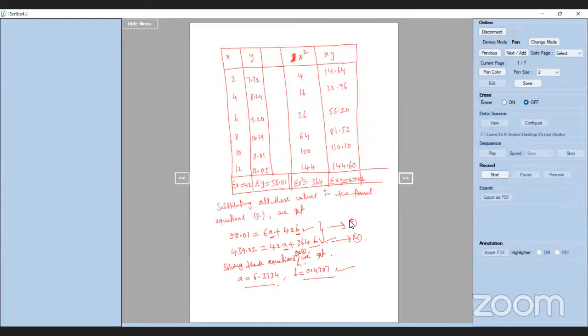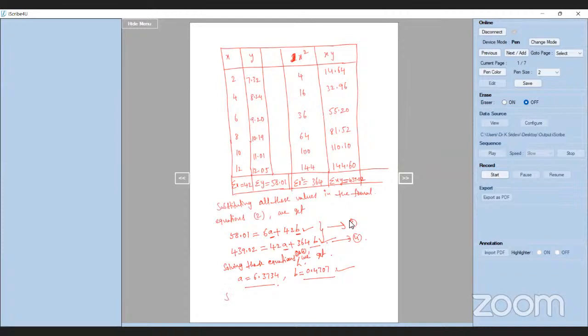Okay. So now what will we do after getting a and b values? We have to substitute these values in the equation 1, that is y is equal to a plus bx.